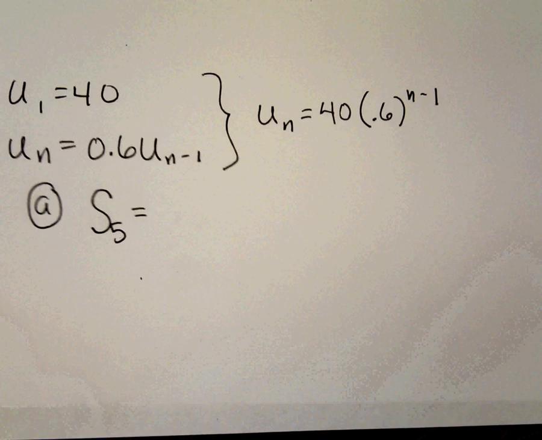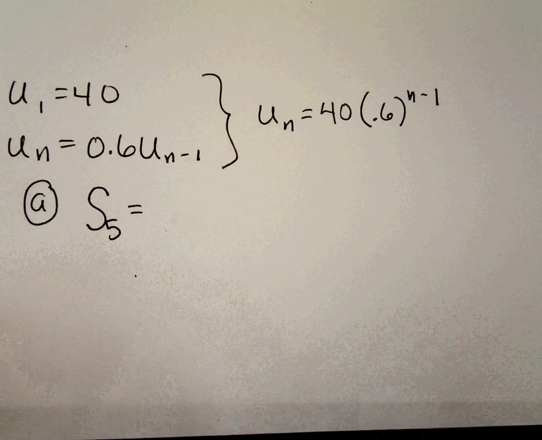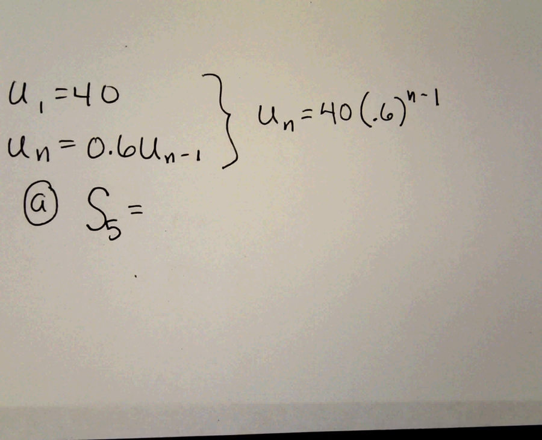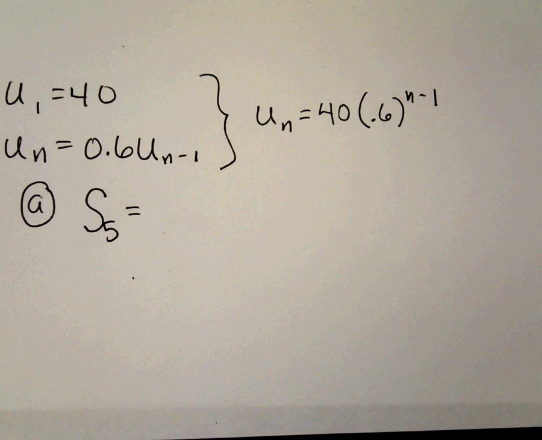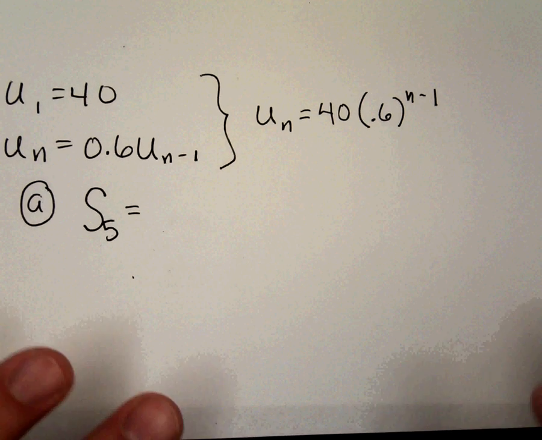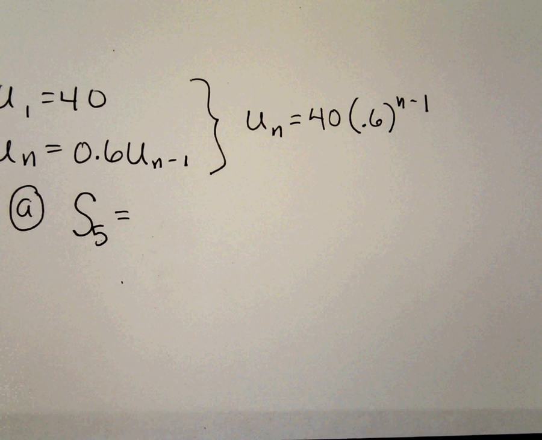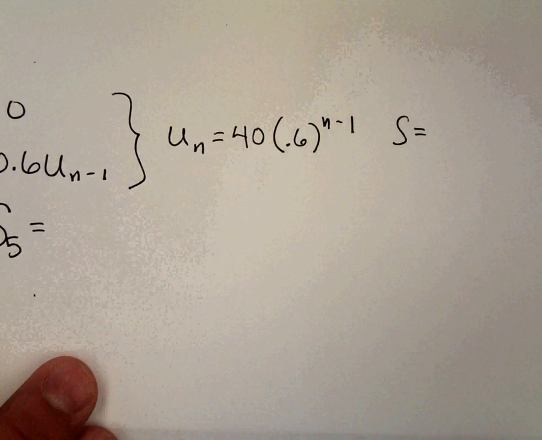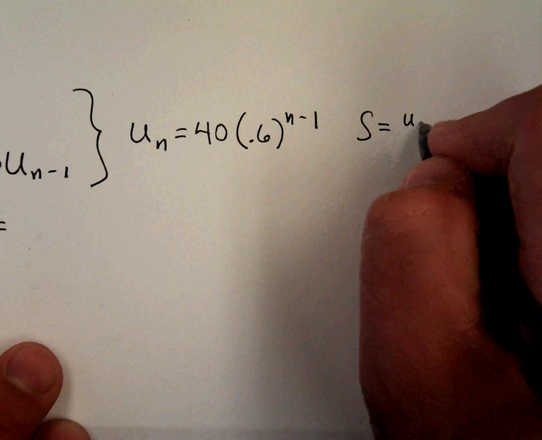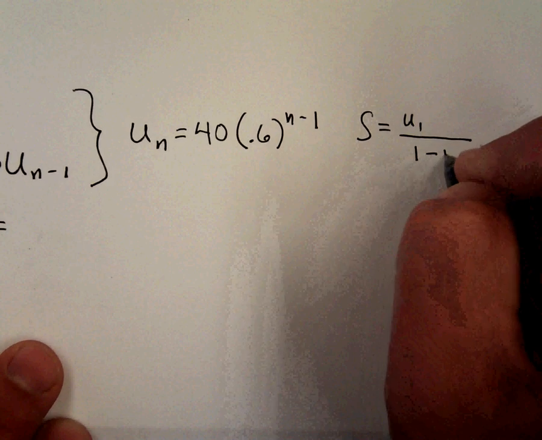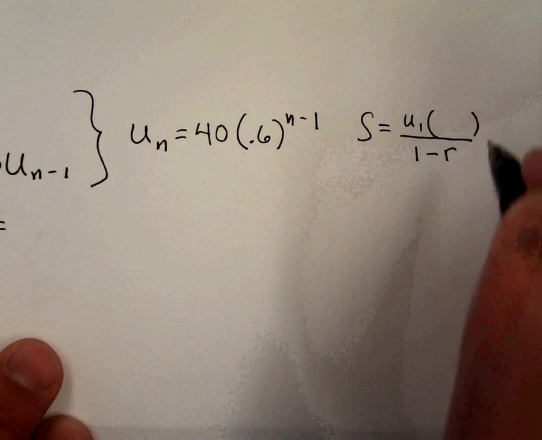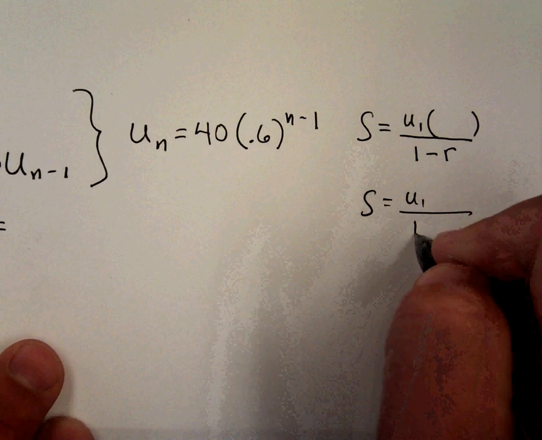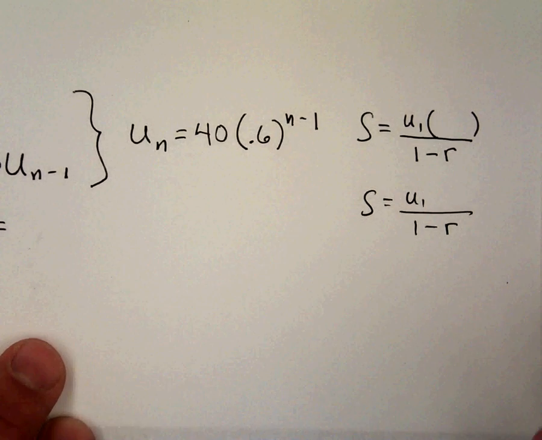So here's what we do. This is number 3 on page 534. So the formula that we're going to use is either, since it's geometric and finite, here are your choices. To get the sum, you take u1 over 1 minus r with some more stuff, or you take u1 over 1 minus r with some different stuff.